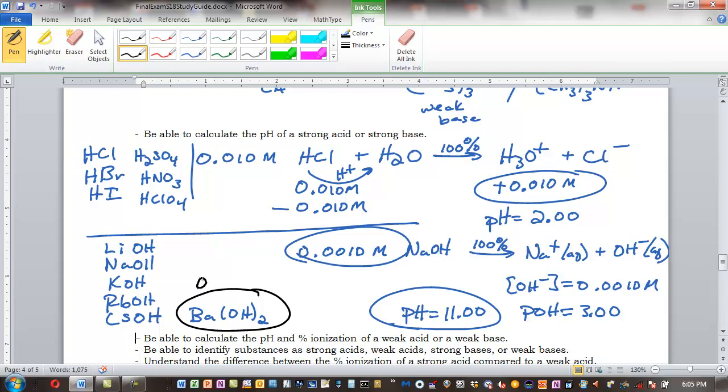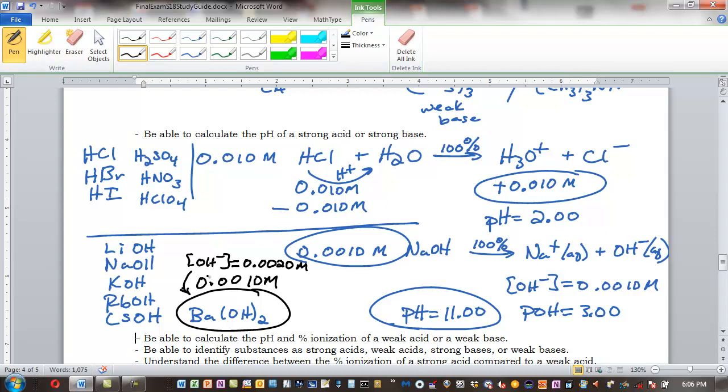If my barium hydroxide was 0.001 molar, since I get 2 hydroxides for every one of those, my hydroxide for that one would be double that, so it would be 0.002 molar for that solution.